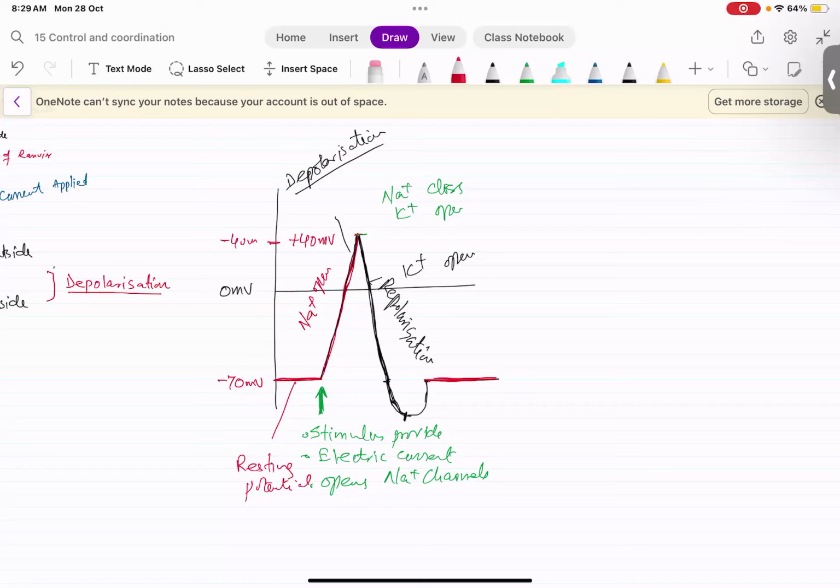This overshoot a little below minus 70 is known as hyperpolarization. And this is the resting potential again.